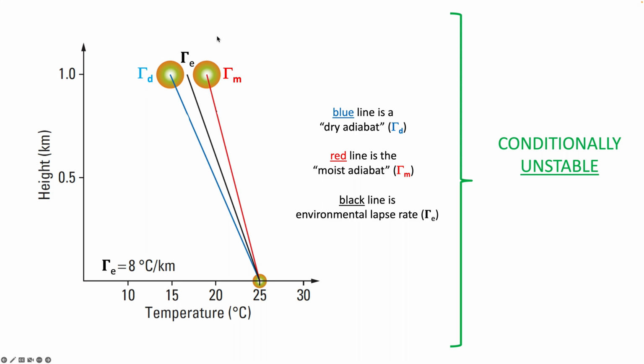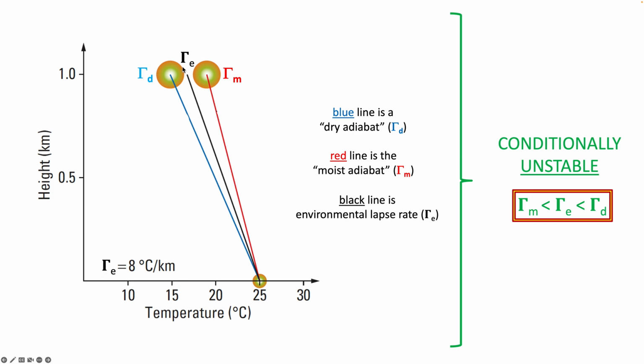So this is unstable. What we see is that the atmosphere is both stable and unstable, depending on whether the air is dry, stable, or moist, unstable. So we refer to the atmosphere now as being conditionally unstable. I'm going to put down another inequality to define conditional instability. With conditional instability, the moist adiabatic lapse rate has to be less than the environmental lapse rate, which has to be less than the dry rate.